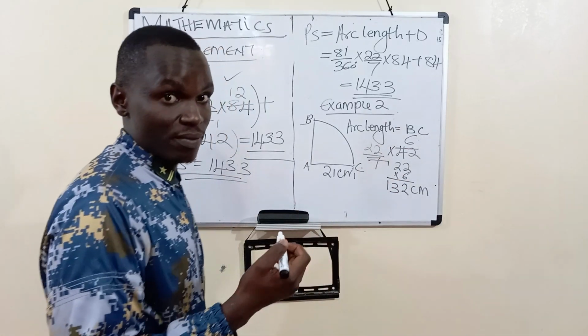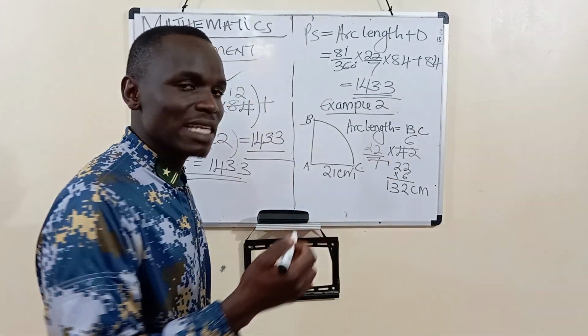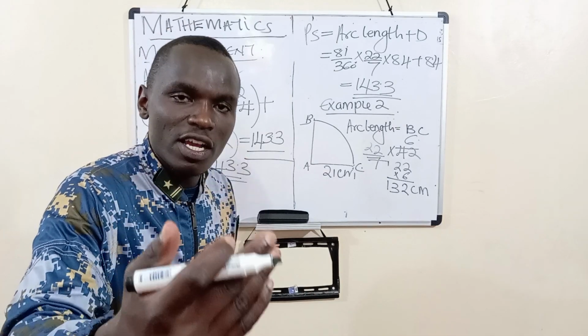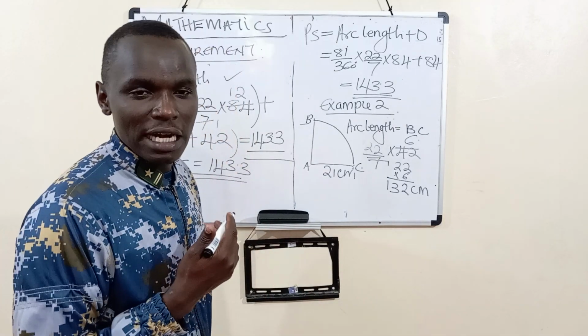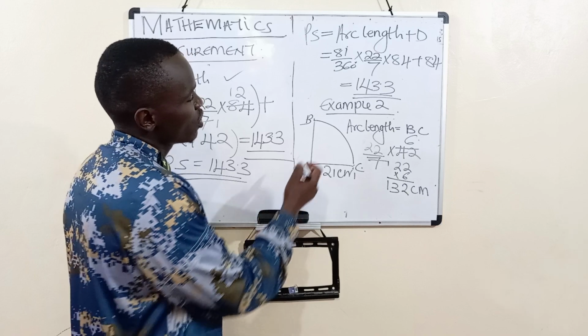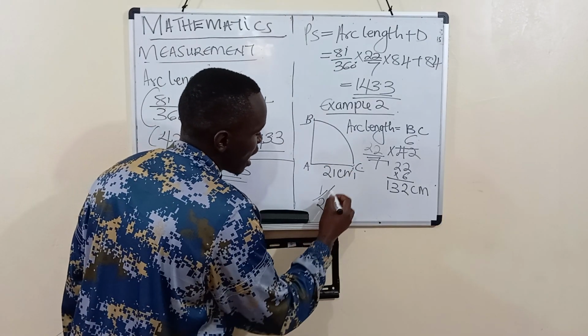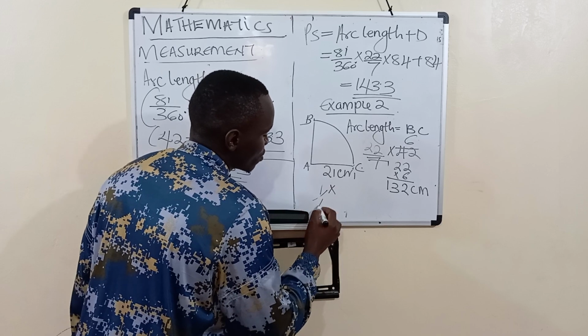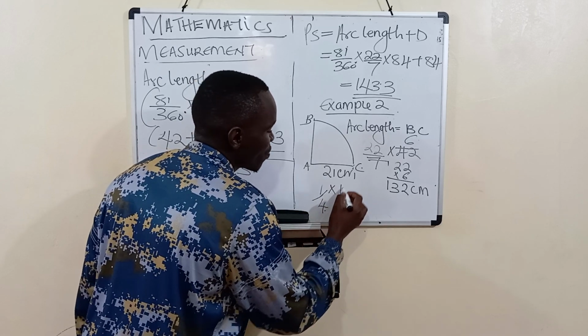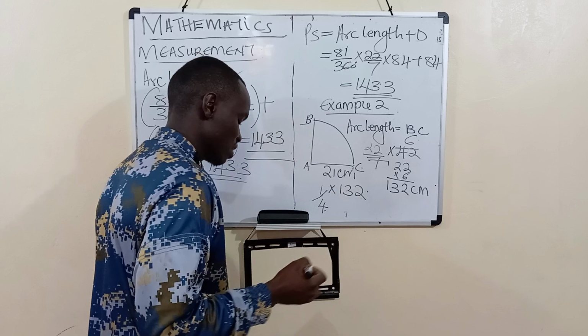This one is the circumference. But now we are saying that an arc length is a fraction of the circumference. So arc length here is a quarter of the circumference.